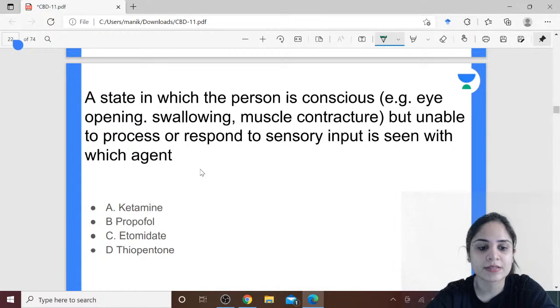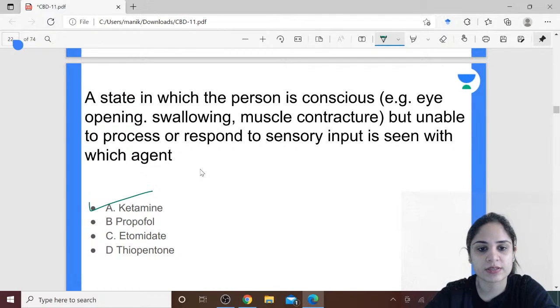What is the name of this state and with which agent do you see this? Yes, very good, Trilok. The correct answer is ketamine.